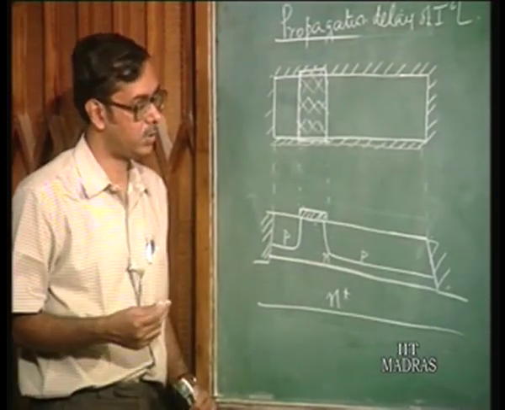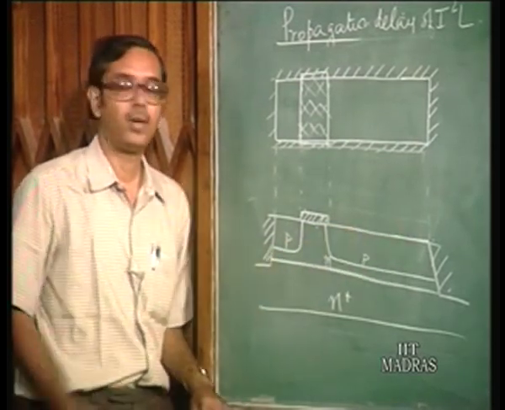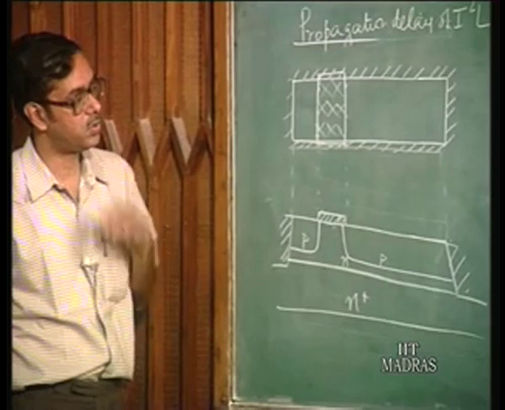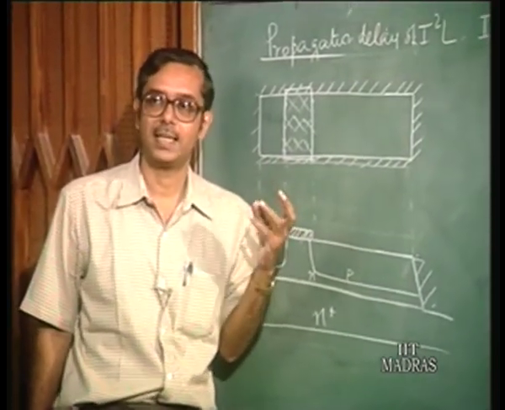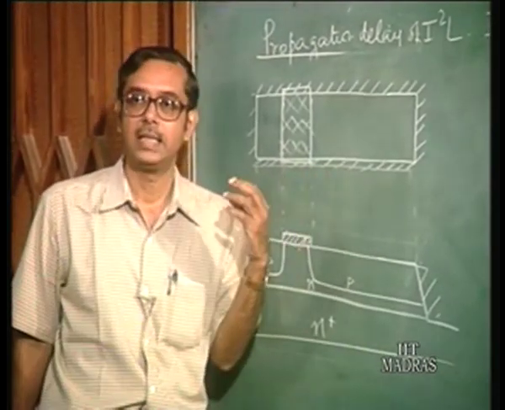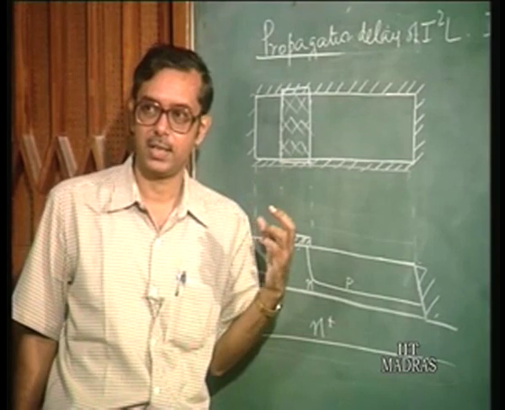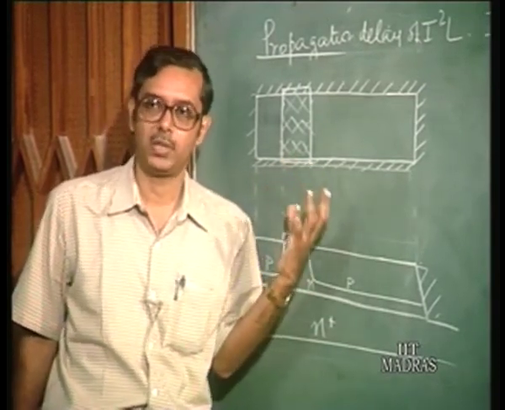Then we have to create the collectors. For that a technique which is used is polysilicon, which is polycrystalline silicon. This material is very interesting in the sense that it can be deposited on silicon at relatively low temperatures.